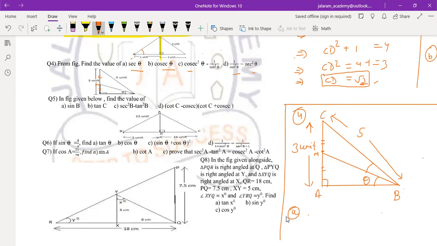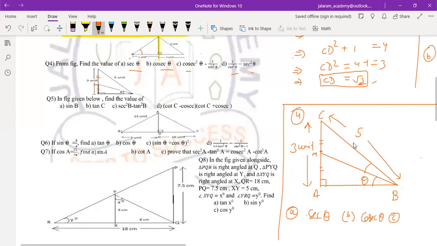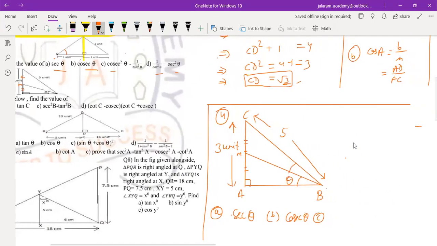A equals to, matlab A sec theta. B, we have to find cosec theta. C, cosec square theta minus 1 by tan square theta.